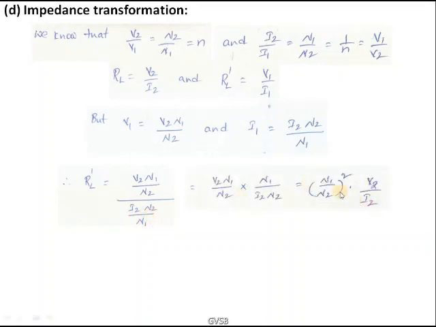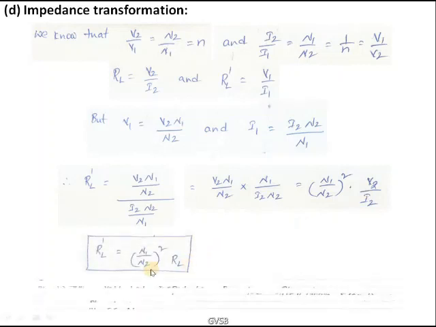So which results N1 by N2 whole square into V2 by I2. So what is V2 by I2? V2 by I2 is nothing but RL. So we can write the effective load resistance RL dash is equal to N1 by N2 whole square into RL. So in general, the effective load resistance in the primary side is greater than the load resistance RL.